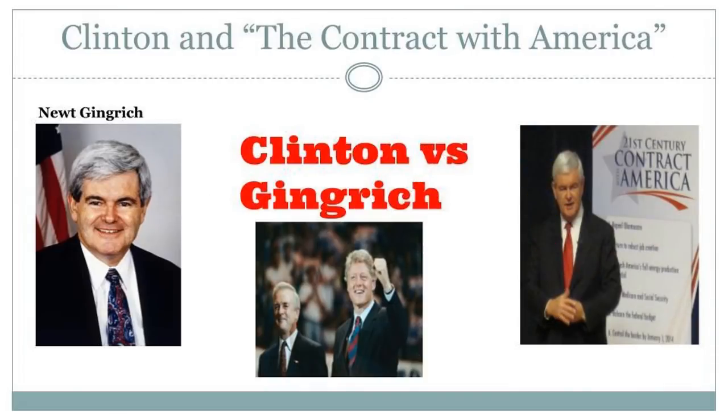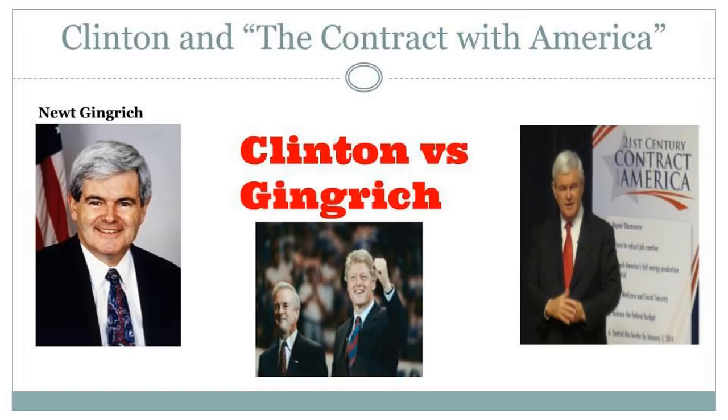The Clinton administration is going to experience a setback during 1994 when the Republicans are going to win control of both the House and the Senate. Once they won control, a Georgia Republican representative named Newt Gingrich is going to take over. He's going to be a guy that's going to become nationally known for his Contract with America.